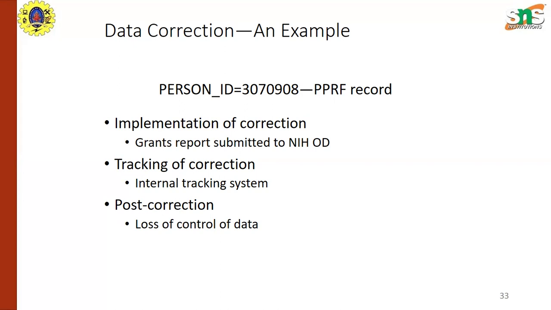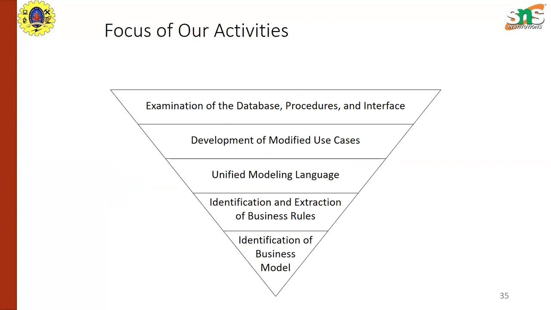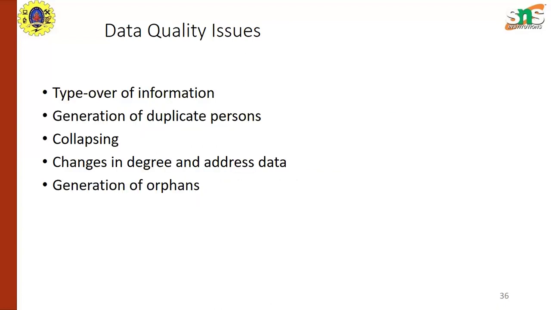Then post corrections, loss of control of data, and how to develop the data quality in terms of business plan. The main focus of our activity will be based on the triangle reverse. First, we have to examine and develop the use cases, and we have to use UML. Then after that, we have to identify or extract the business rules and identify business models.